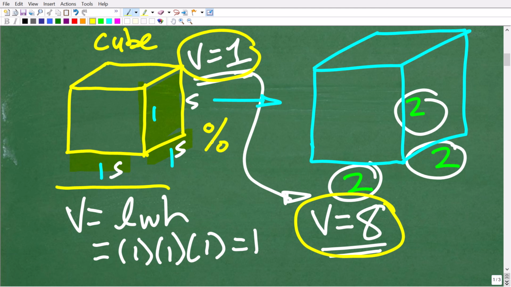But let's just take a simple example. So if I said the current volume of this cube is 1, and I said if we want to increase the volume 100%, what would be the new volume? All right, so hopefully you're saying, well, if we increase the current volume by 100%, the new volume is going to be 2, because 100% of 1 is 1, right?